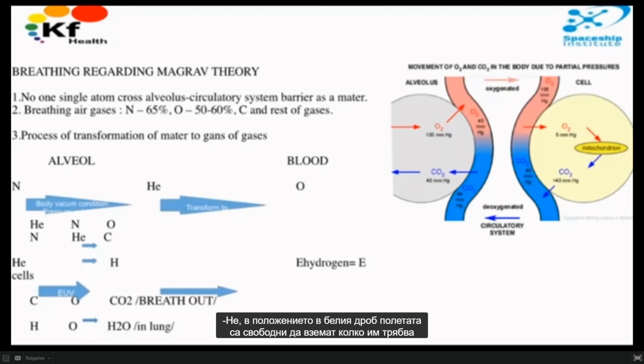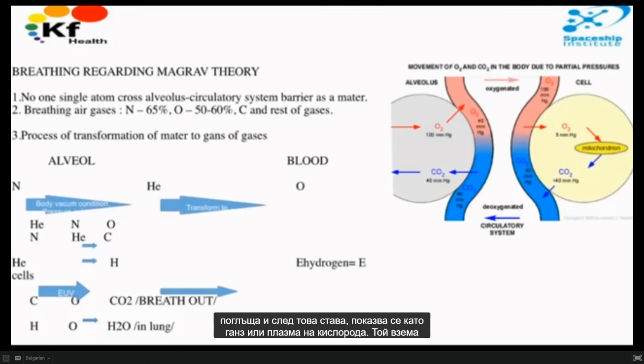In the position in the lung, the fields are free to take what they want, as they need it. If you have nitrogen which is available to its surplus energy, it absorbs it and shows itself as the gas or the plasma of oxygen.